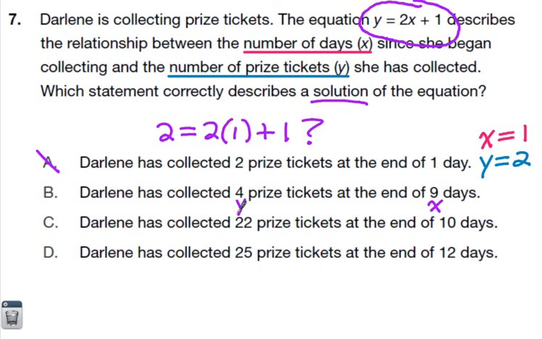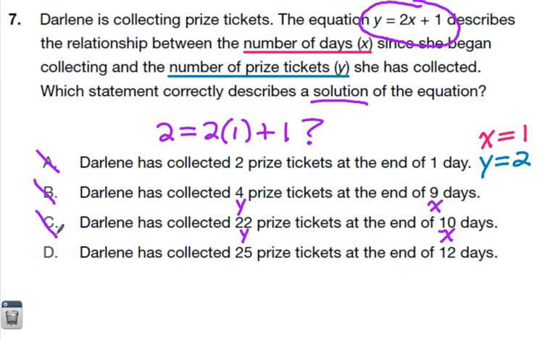Not even close. So it's not B. Choice C, what if you plugged in 22 for Y and 10 for X? Is 22 equal to 2 times 10 plus 1? No. So it seems we have to go through all of them before we get to D.